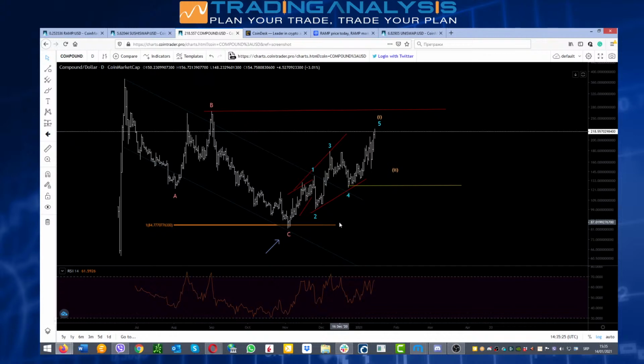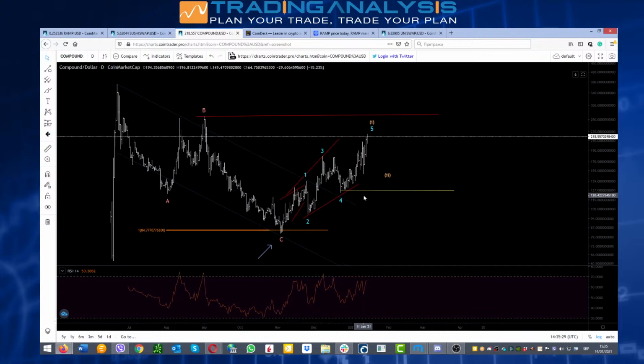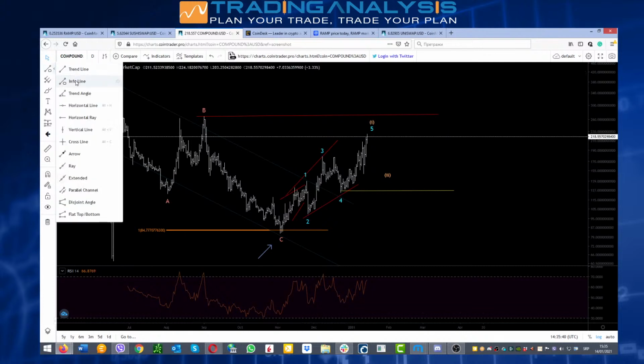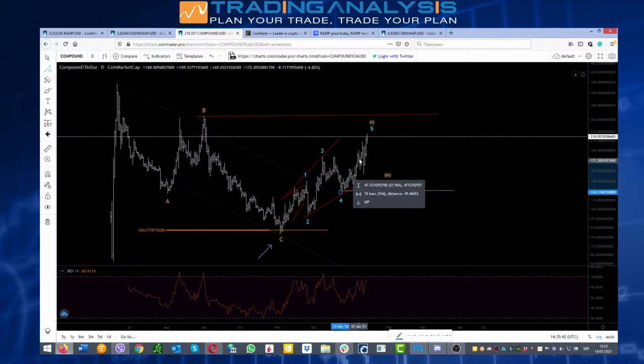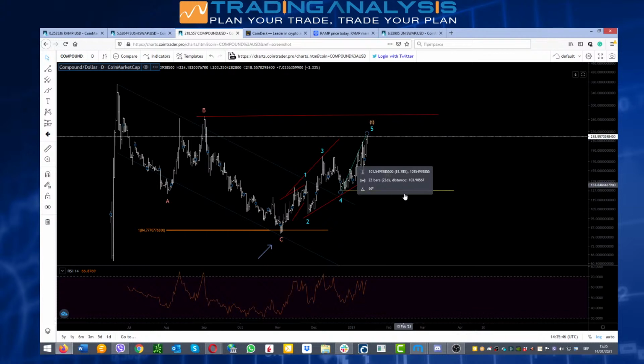We also have a contracting variety. And we pointed out last time and several times that there is a possibility from these levels that we might see this on Compound. Actually, if you measure it from those levels, we had almost 100% increase in value, as you can see here, in Compound in 22 days.